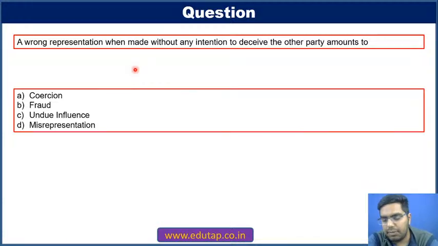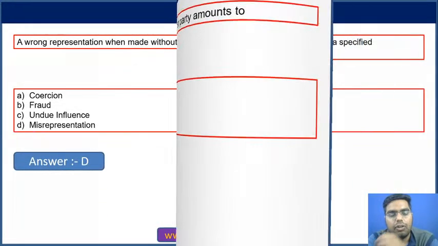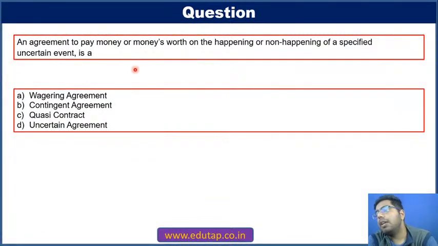Clear? D, misrepresentation, is the correct answer. Out of the options available, the best way is the technique of elimination. Am I clear to you guys?